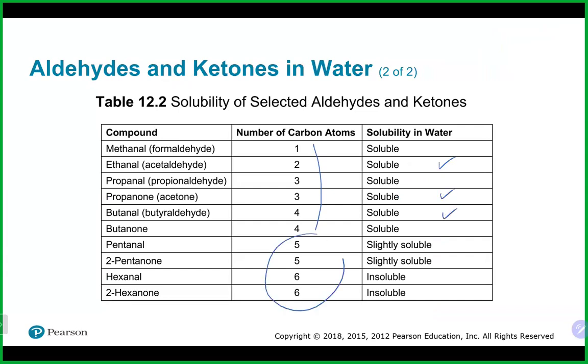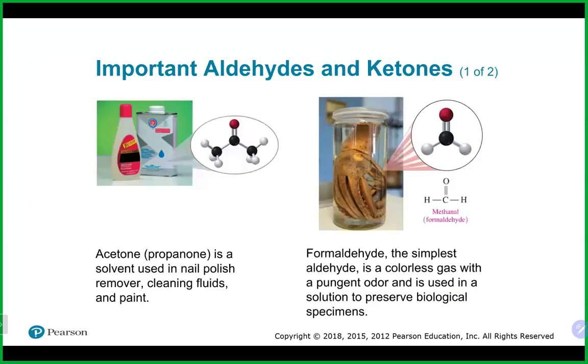But again, once you get over that 5-ish, which is kind of the limit there, 5 or more, you start to really see things becoming slightly soluble, which is almost insoluble. And then as you get to obviously 6 or more, you're going to get into things being insoluble. So that buildup of the non-polar part can really affect the solubility that we see in water.